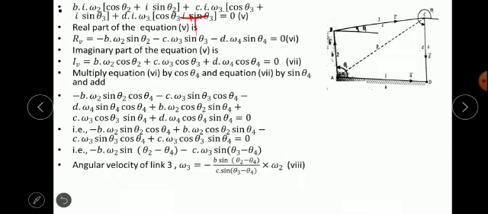b omega 2 cos theta 2 plus c omega 3 cos theta 3 plus d omega 4 cos theta 4 is equal to 0. This is equation number 7.